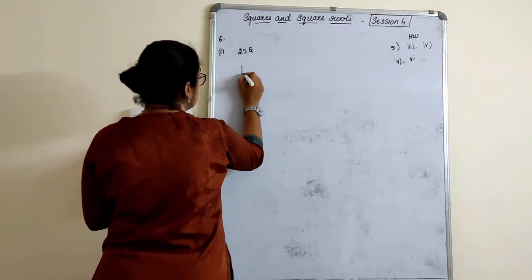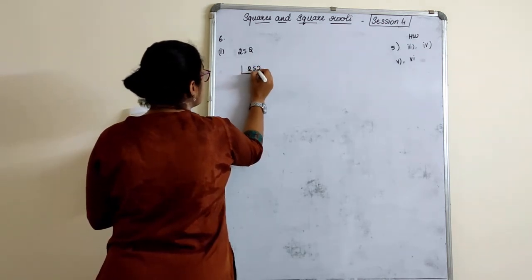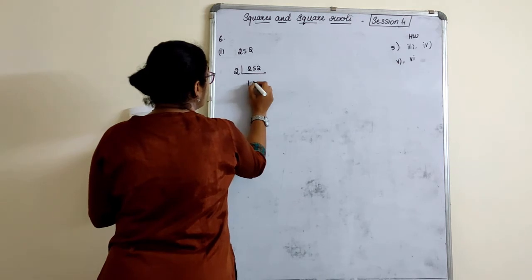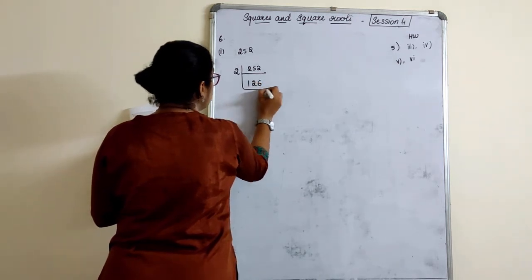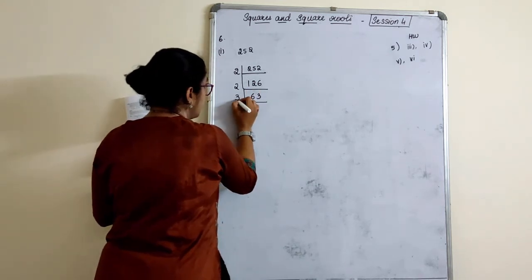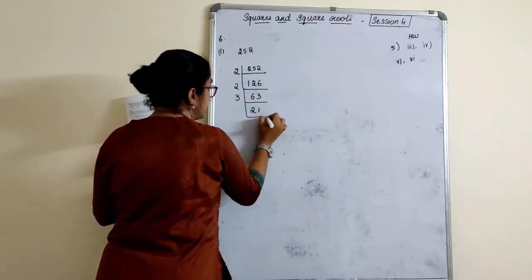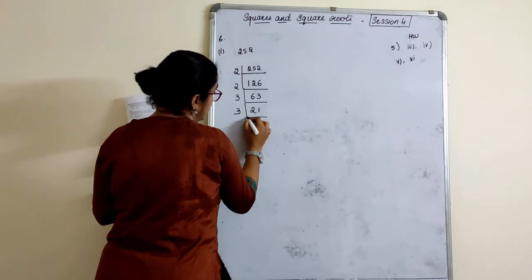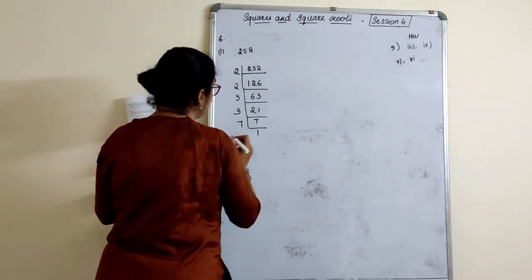252, factorize this. 2 ones are 2, 2 twos are 4, 2 sixes are 12, 2 sixes are 12, 2 threes are 6, 3 ones are 3, 3 sevens are 21 and 7 ones are 7.